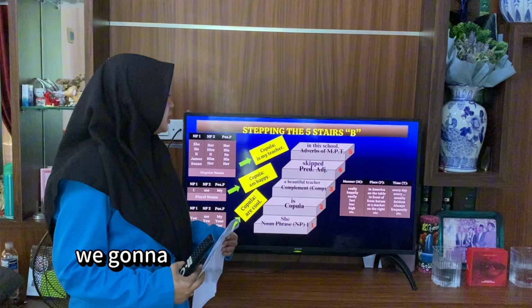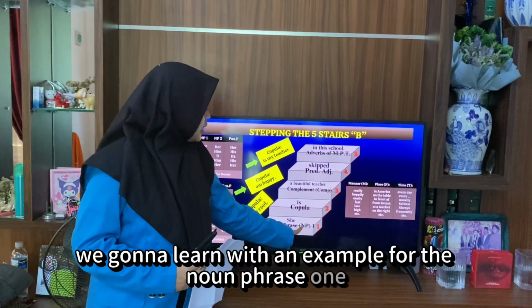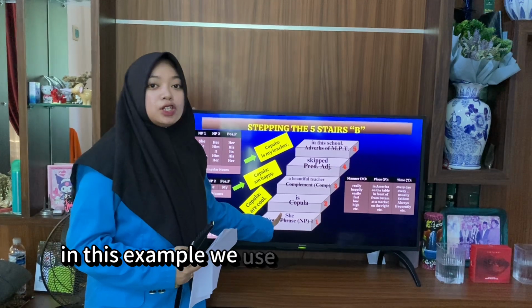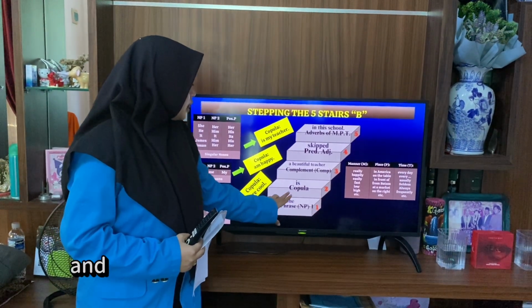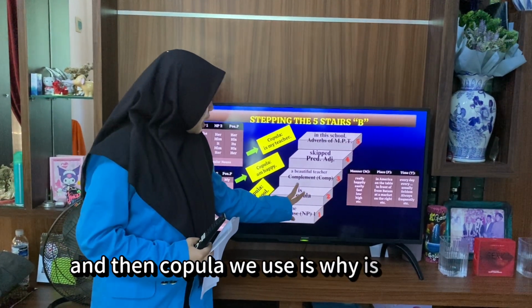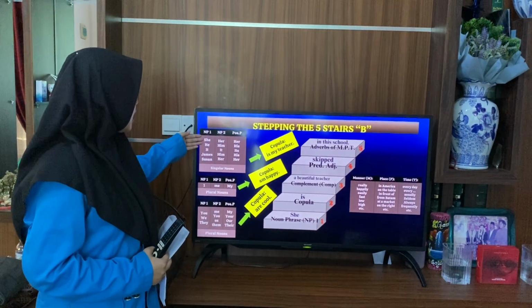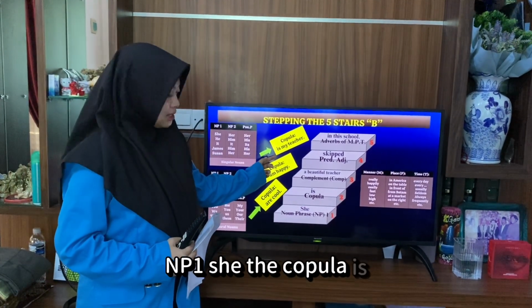We're going to learn with an example. For noun phrase 1, in this example we use she as the subject. Then for the copula we use is, because NP1 is she.